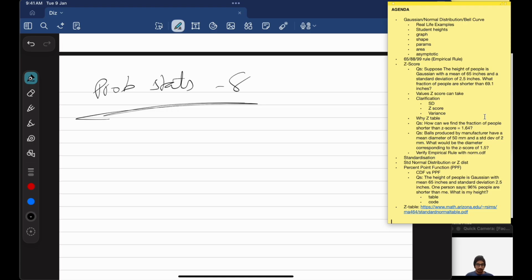So we'll be looking at its characteristics, the empirical rule, how to calculate the exact probability values, and why we standardize normal distributions, and then a percent point function, which is just the inverse of CDF. So that's the agenda. So we'll begin.